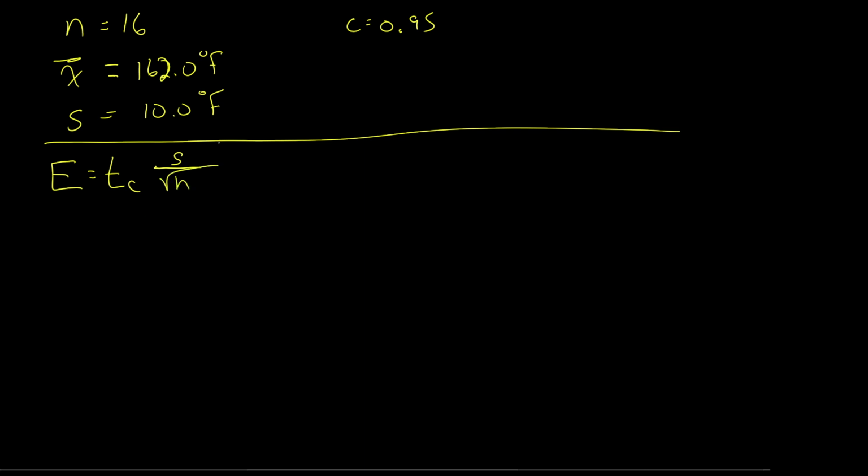I'm trying to remember now, and I need to look on my sheet here. Is it n or n minus 1? Yeah, it's square root n. I always get the n minus 1 added a little bit here. All right, and so this is what we want to construct. So we want to figure out the degrees of freedom. So that's n minus 1, or there are 15 degrees of freedom.